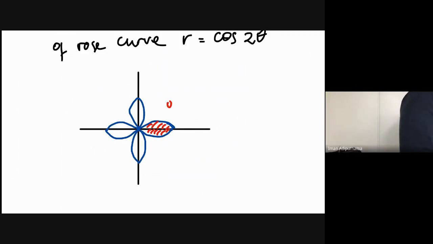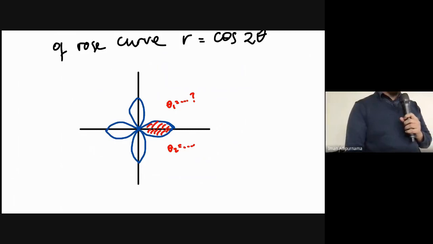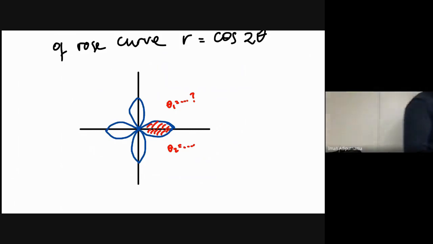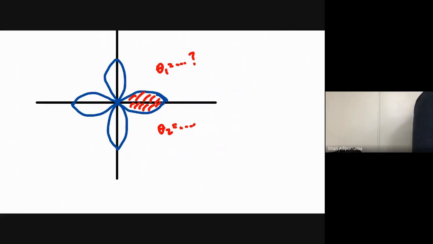Now the question is the theta. Theta 1, theta 2. If I write like this, I want to find the theta. Let's say this is theta 1. What will be theta 2?